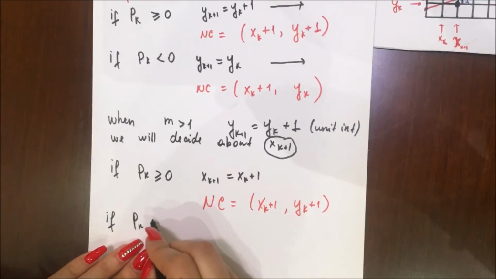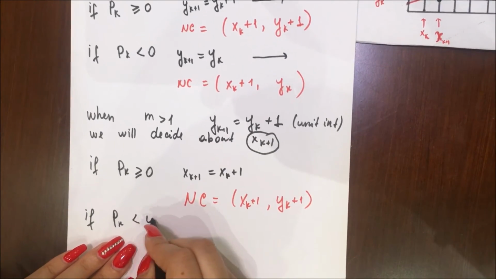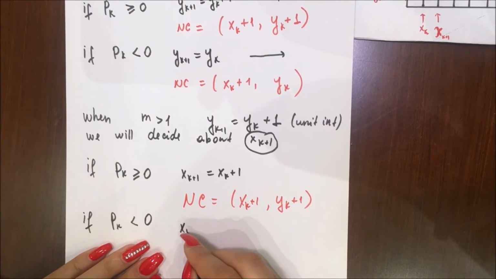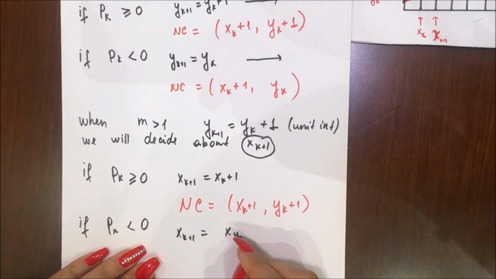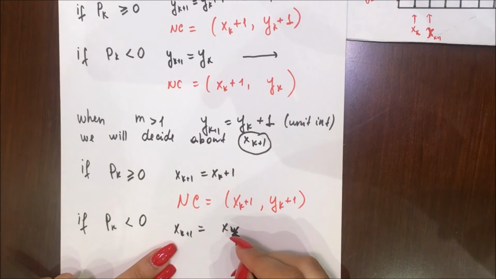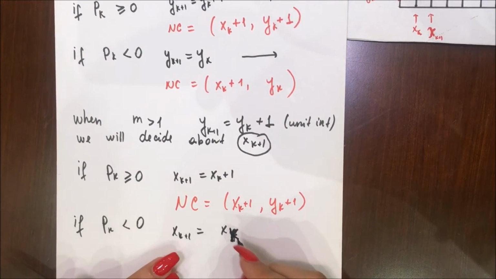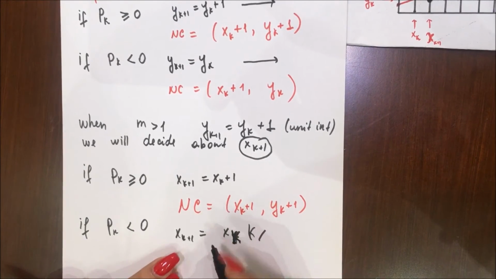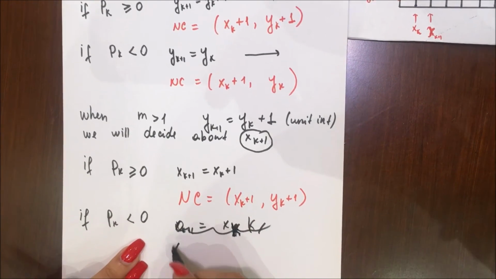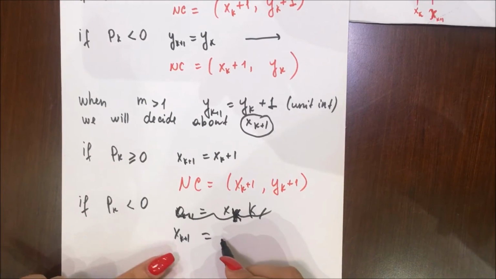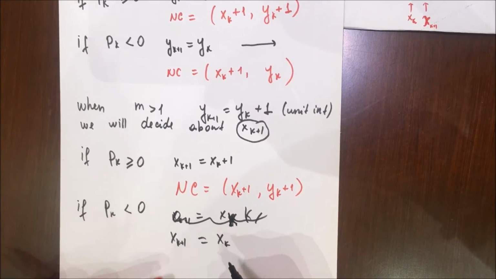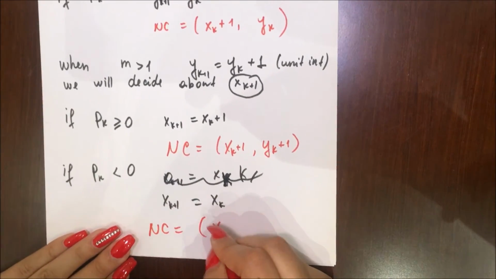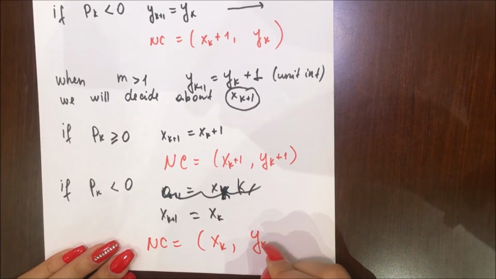If pk is less than 0, then next coordinate of x will be xk. Oh, sorry. Xk plus 1 will be xk, and next coordinate will be xk, yk plus 1.